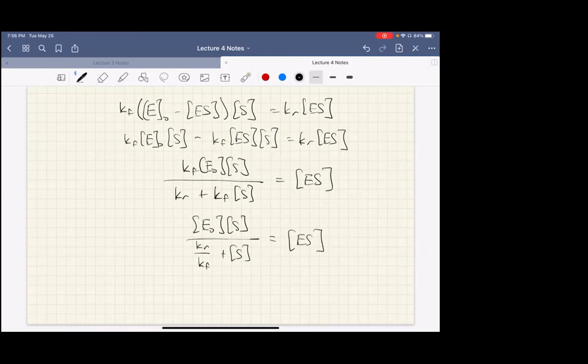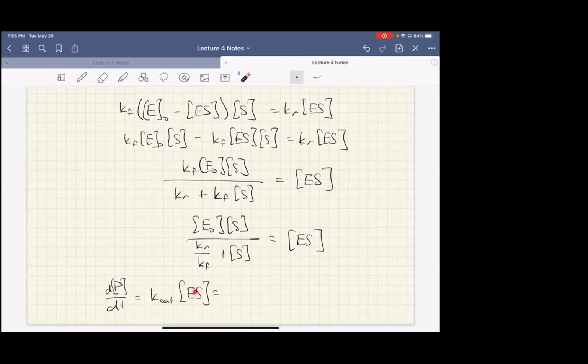I solved for ES. I can substitute that back into what I'm interested in, which is how fast the product is being produced, at steady state.